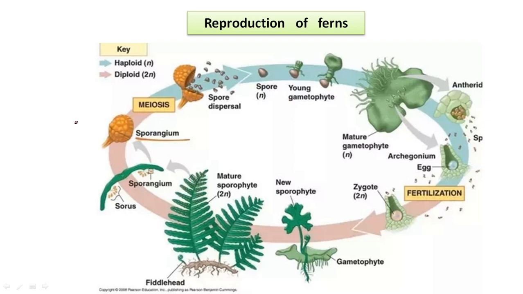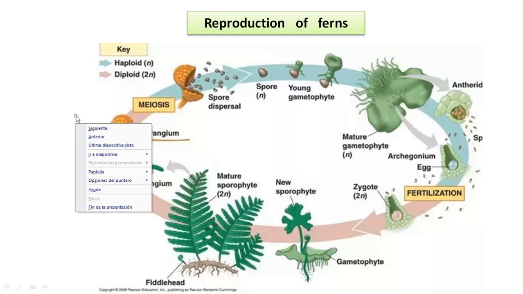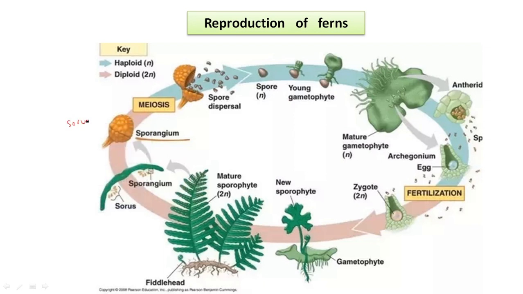Inside the sori, which are these structures like balls, we've seen it already, on the underside of the fern leaf, you can find some tiny balls, which are the sori.